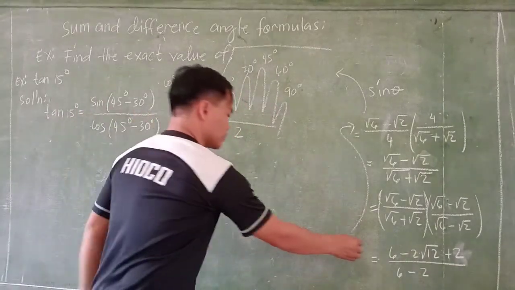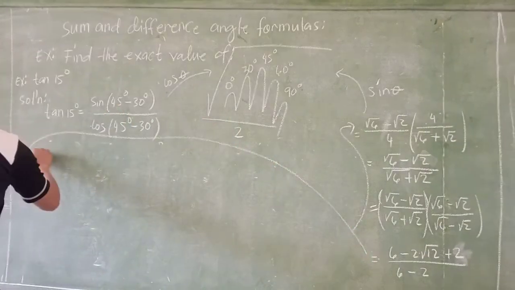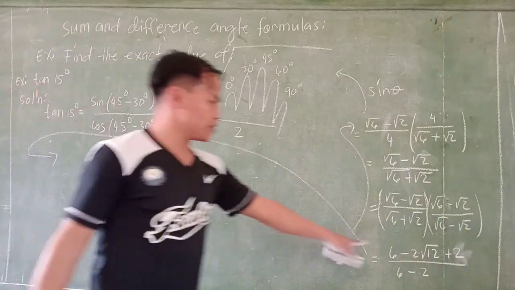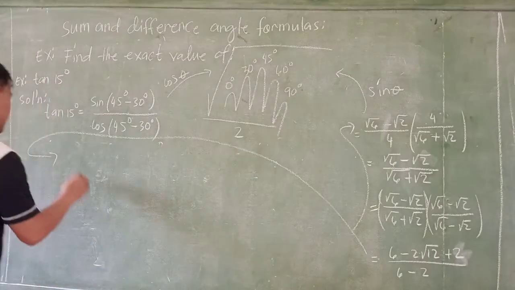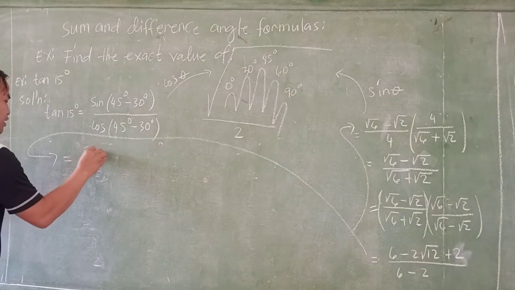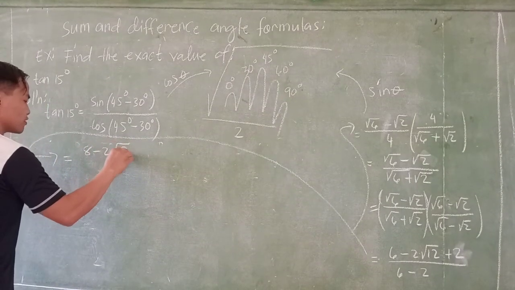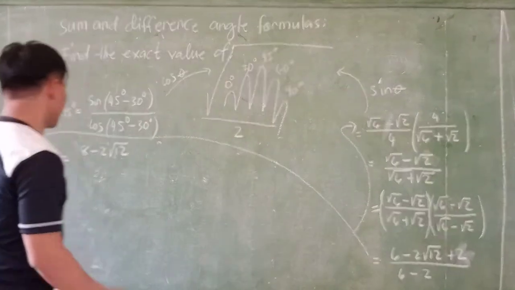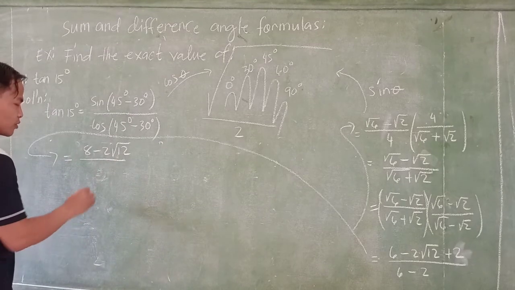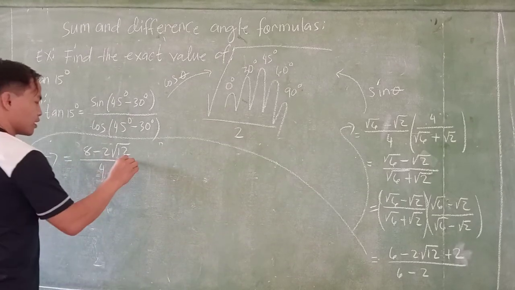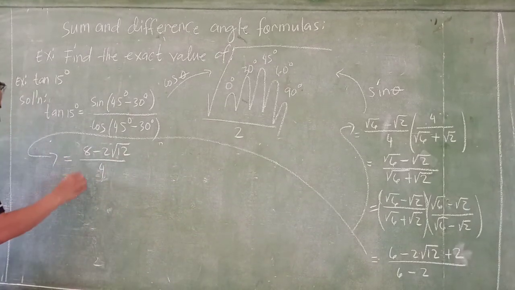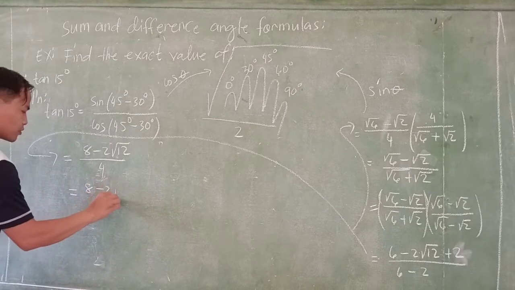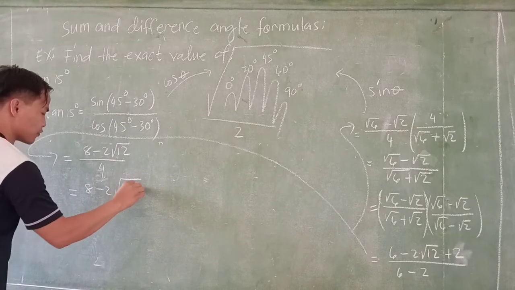From that, we have 6 plus 2, which is 8. That's equivalent to 8 minus 2 times square root of 12, over 6 minus 2, that is 4. Or that is just equal to 8 minus 2 times square root of 3 times 4.